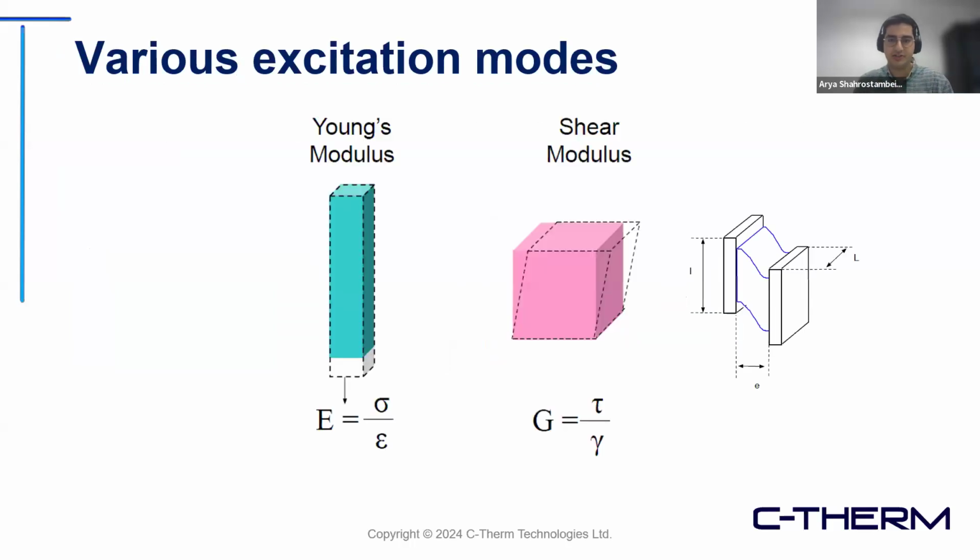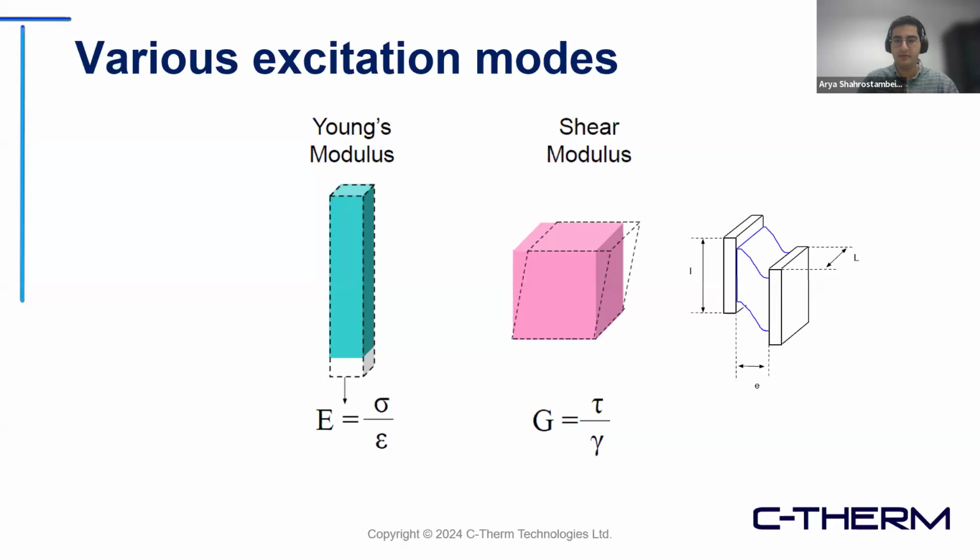For a better illustration of different moduli or different deformations, on the left-hand side you have Young's modulus. This modulus is for elasticity, so it's basically for stretching or compressing your sample. The modulus, using that deformation mode, is shown by E. And on the right-hand side, it's shear modulus.